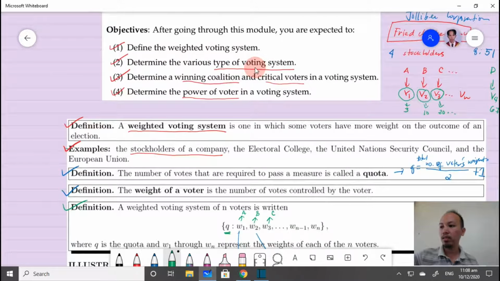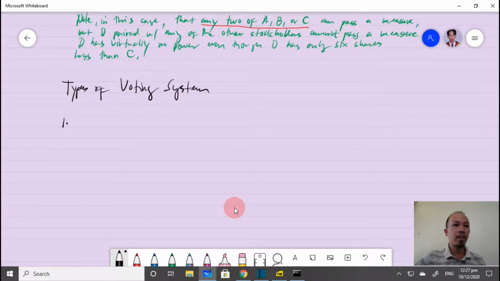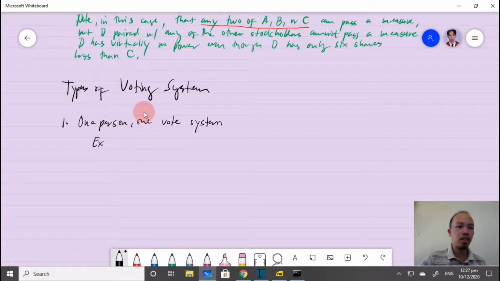We are now ready to discuss the types of voting system. The first one is what we call the one person one vote system. For this type of voting system, let me give this example.